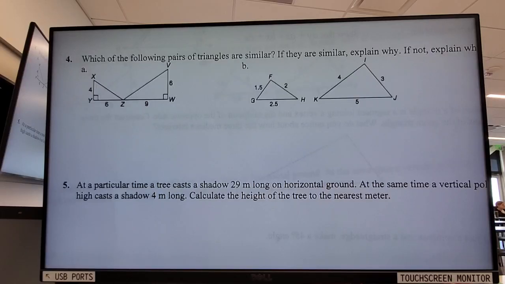Reduce 6 over 4. Not give me a decimal, just reduce it. 3 over 2. Now, reduce 9 over 6. 3 over 2. So they're both the same ratio. Now, what you said is fine. If you actually just divide them, you get 1.5 for the same, so they both have the same scale factor, which means these two sides and these two sides set up a similarity proportion, yes? So I have side, angle, side. Done.